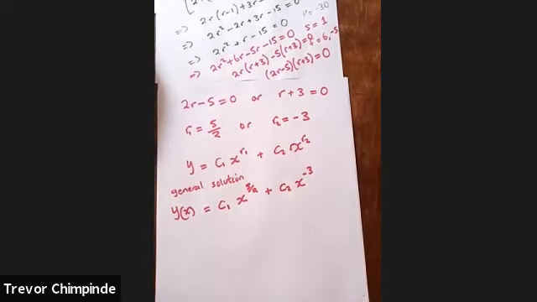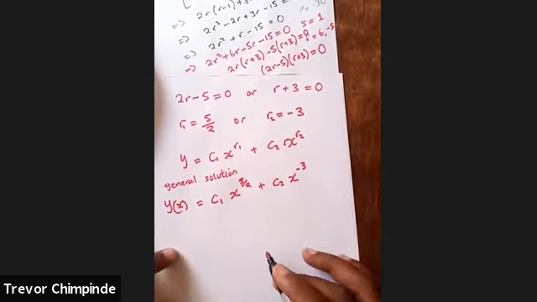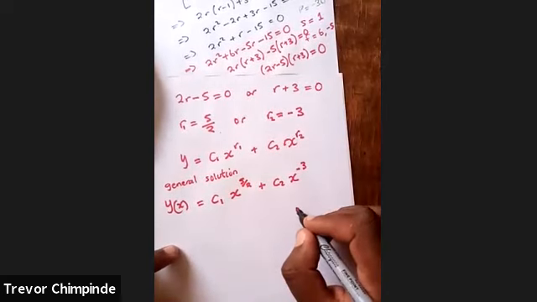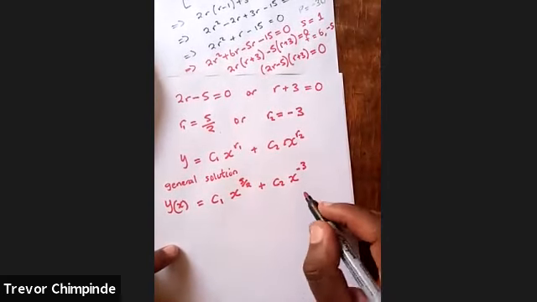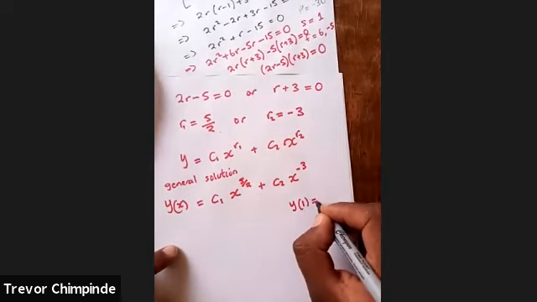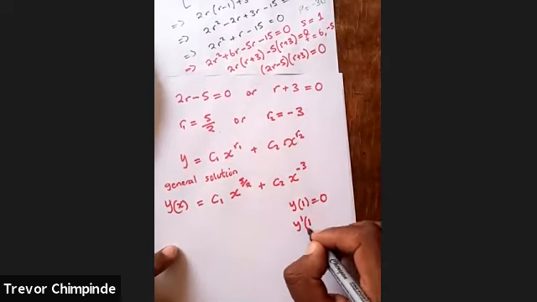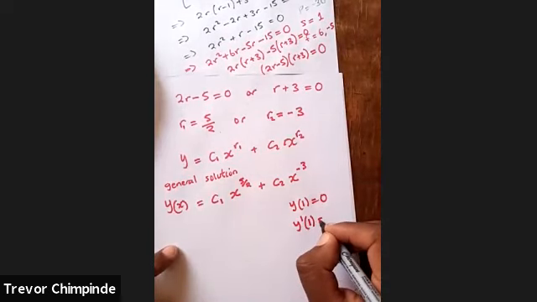So we've done the important part. We found the solution as Euler says, but we've been given initial conditions. The initial conditions are y of 1 is equal to 0 and y prime of 1 is equal to 1.